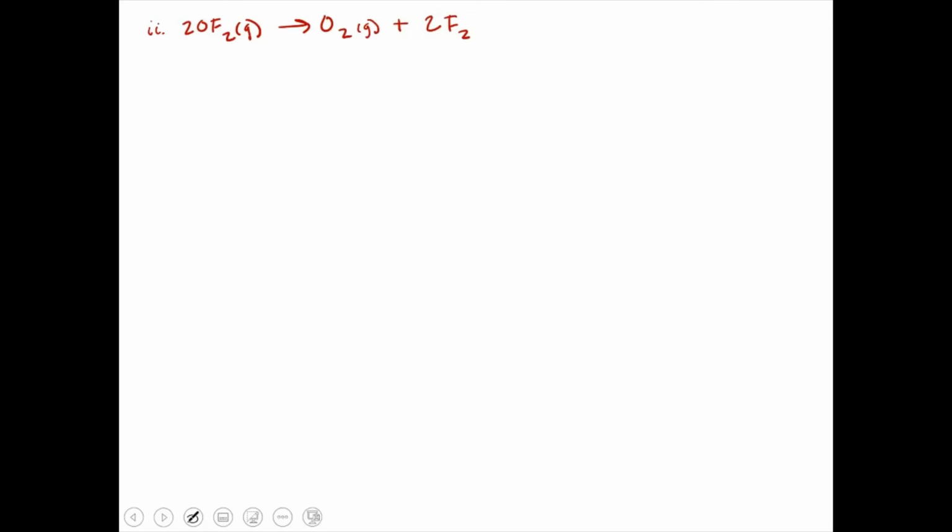Again, this is example 5.14 for those of you following along. Third, 2ClF plus O2 becomes OF2.